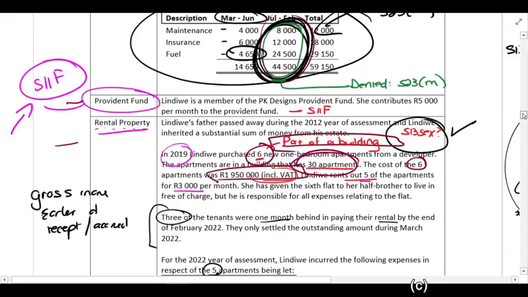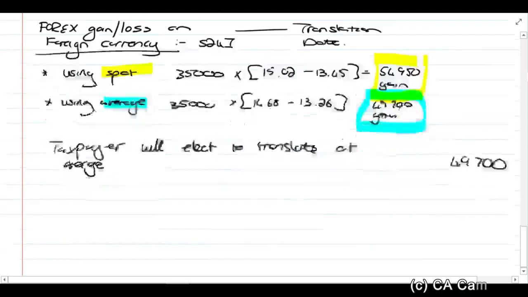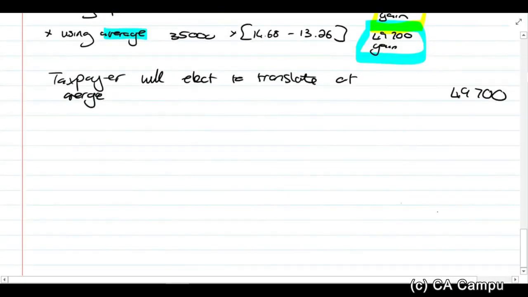Okay. So now the only thing we have to do is the provident fund. Before we do the provident fund, we have to calculate a subtotal. Again, give yourself some space so that you have a place to insert amounts if you forgot anything at some point, just a bit of exam technique. Then we calculate our subtotal.